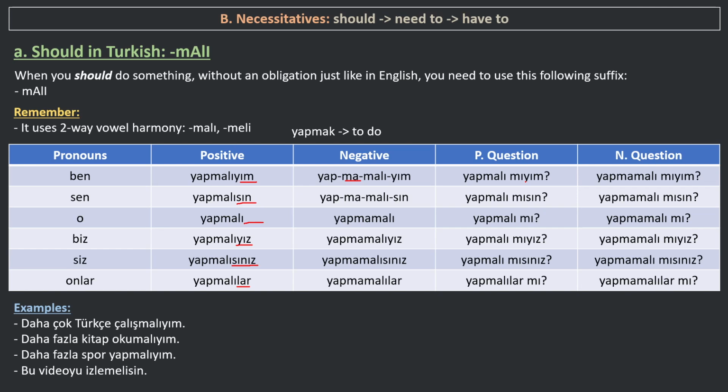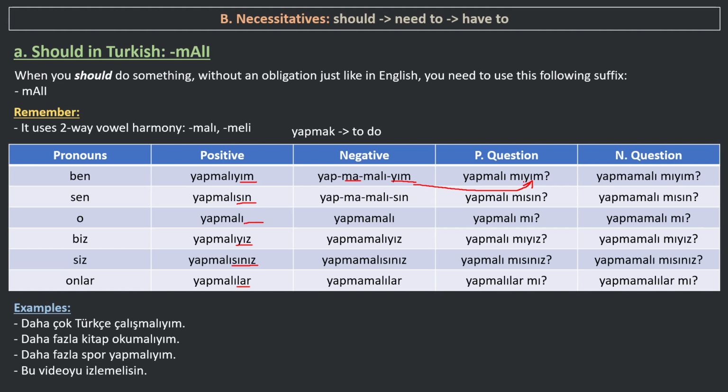But quickly, in simple words, when you make a question, you need to use this m with the four-way vowel harmony, like m question particle, and just move these personal endings onto the question particle. Like you can see it here, it's attached to the verb, but when you make a question, you move it onto the question particle.